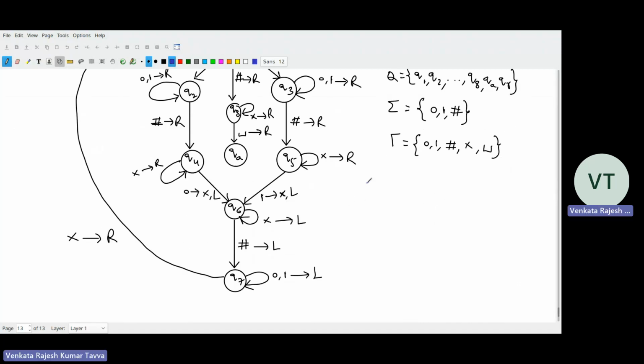Again here, Q reject is not shown in the diagram, but needs to be assumed.